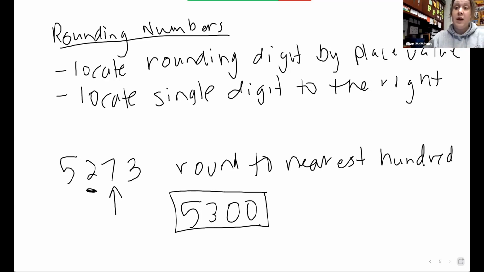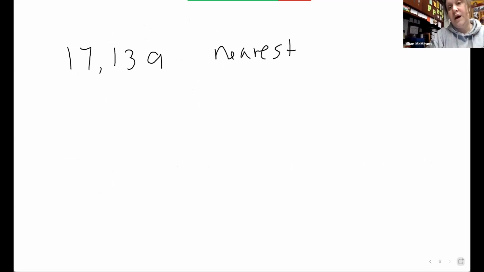Now, rounding down. Let's say we have 17,139 and I want to round to the nearest 1,000. The first thing I want to do is locate my rounding digit, the one given to you by place value. That would be the 7 here. I'm going to look one digit to the right.